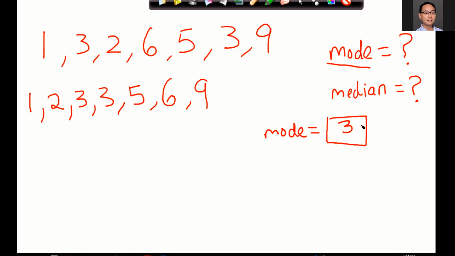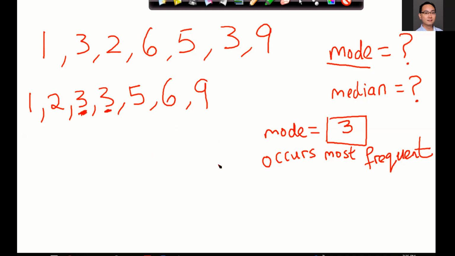Thank you. 3 is the number that occurs the most, the one that occurs the most frequently. I hope you understand. Should be quite easy. The number that keeps appearing in this case is 3.